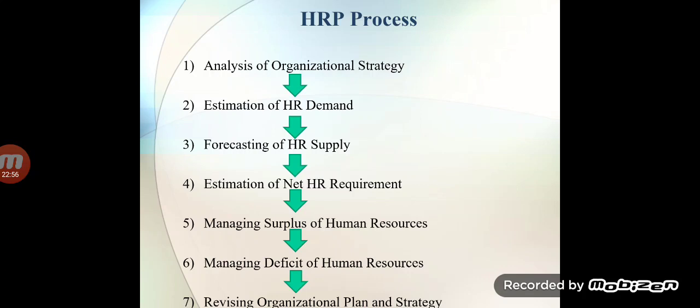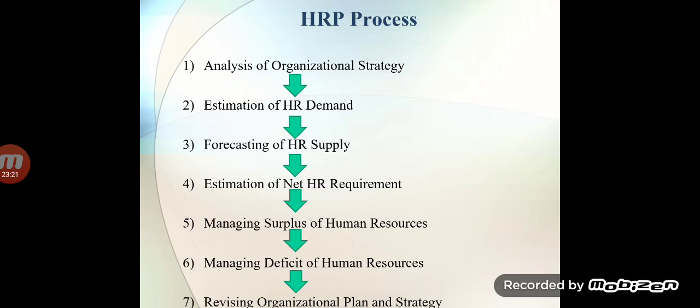Here the HR department or HR planning department will manage that if we have more employees than required, we give work to the employees where the number of employees is less. For example, there are many departments in a single organization, like HR department, marketing department, finance department.